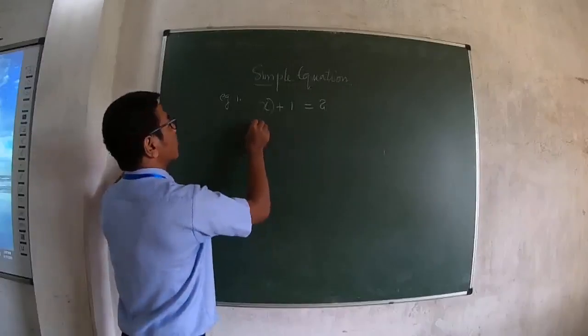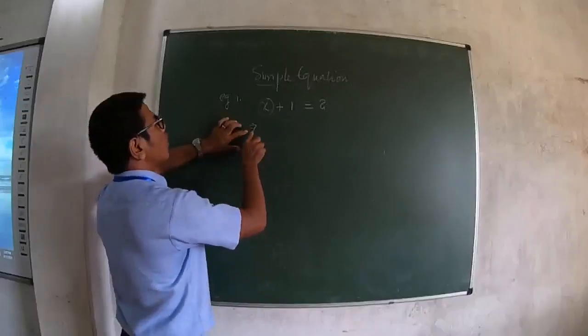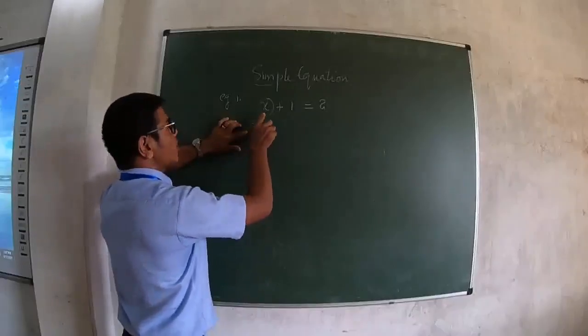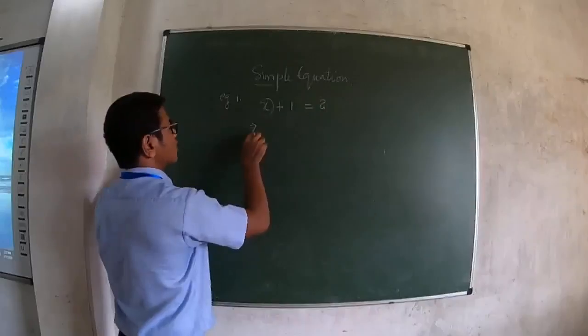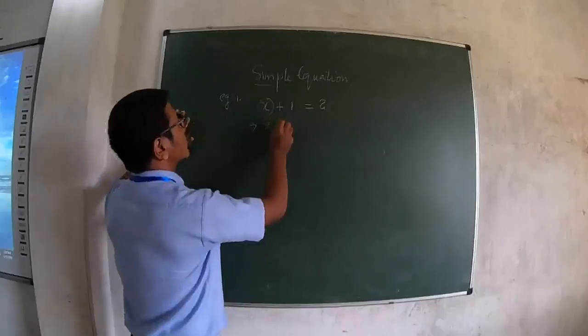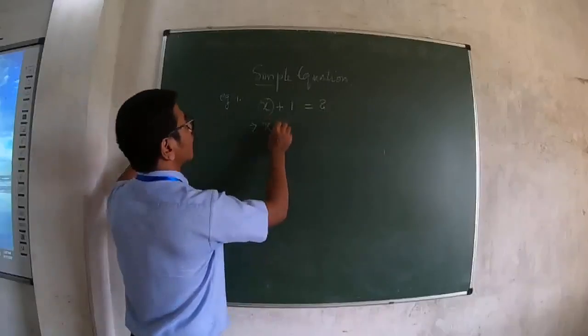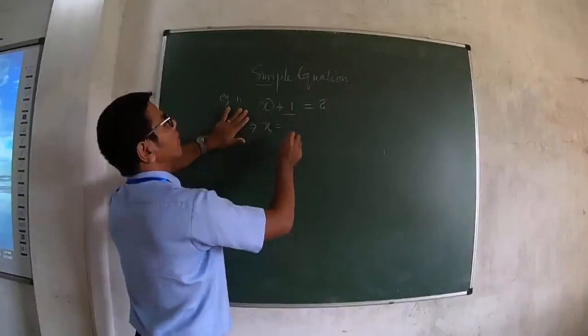So, children, you please see, we keep x on the left side, then this constant, the number, will move towards the right.